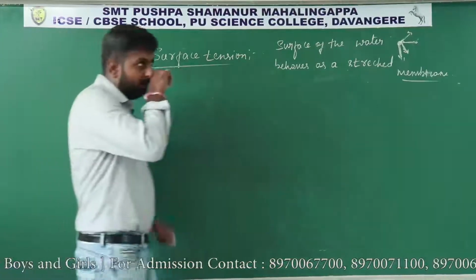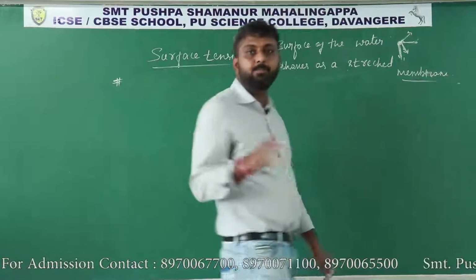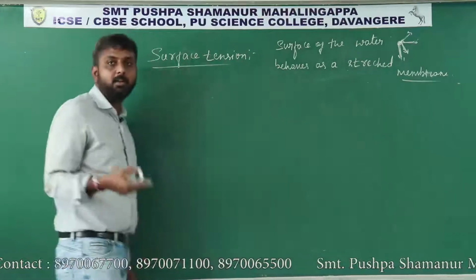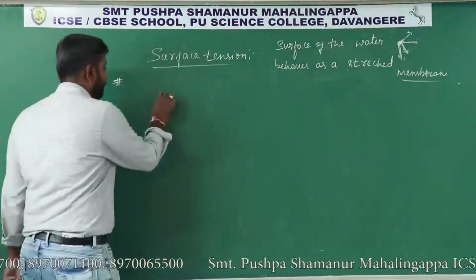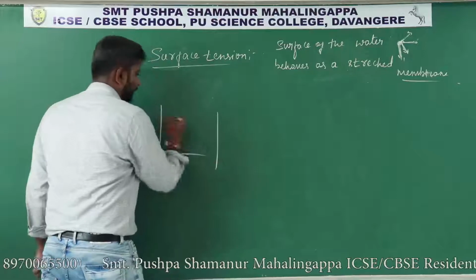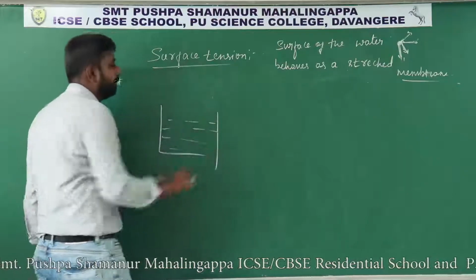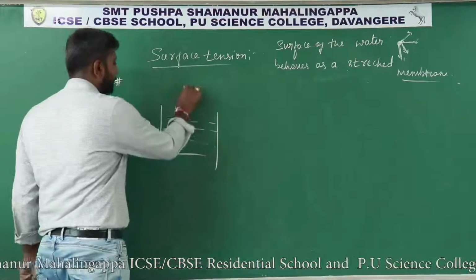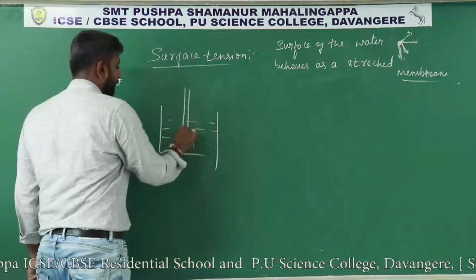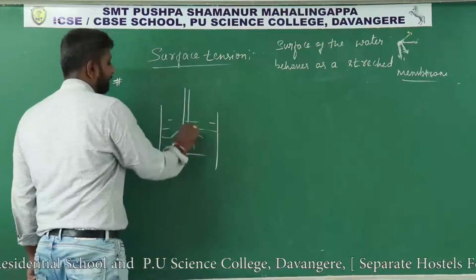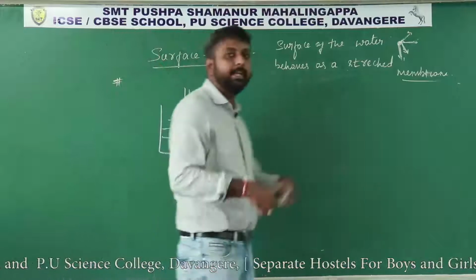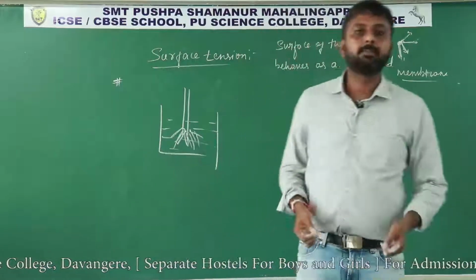Then one more example for surface tension is, so a liquid, okay, if you dip a painting brush inside the liquid, what you will observe is the hairs of the painting brush will spread out.